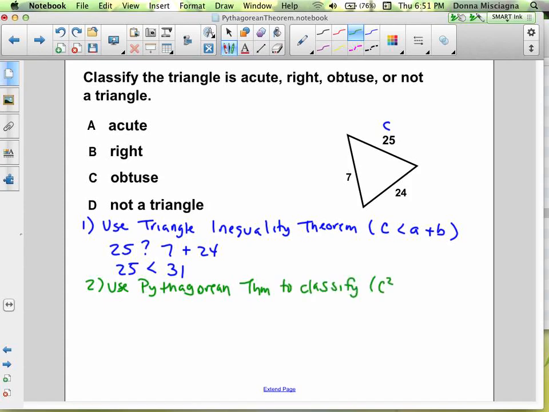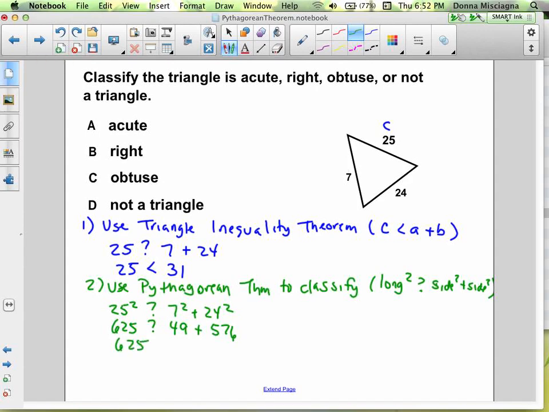We're checking long side squared against side squared plus side squared. 25 was the largest side, so 25 squared, question mark, 7 squared plus 24 squared. 25 squared is 625. 7 squared is 49. 24 squared is 576.